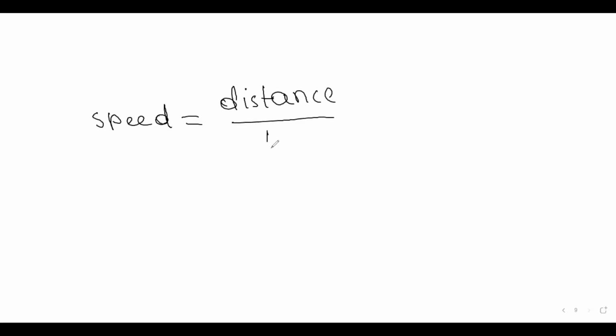Now we are going to learn about another physical quantity, that is speed. Speed is the rate of distance traveled. So we can write speed is equal to distance by time. We write distance as d and time as t. Speed is actually a scalar quantity.